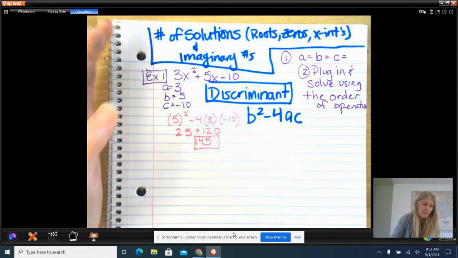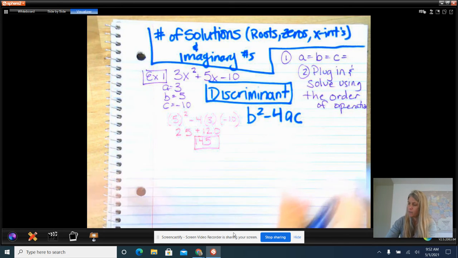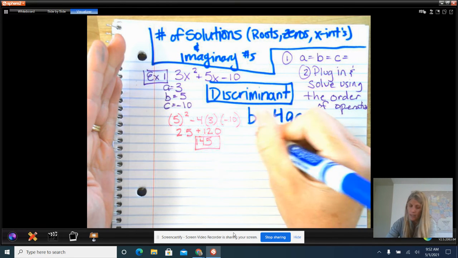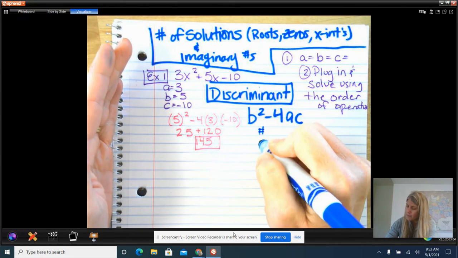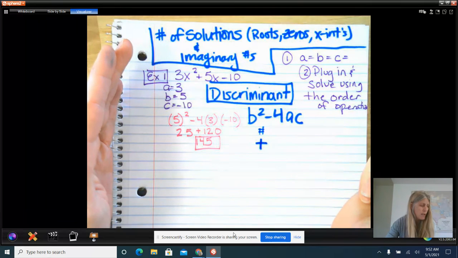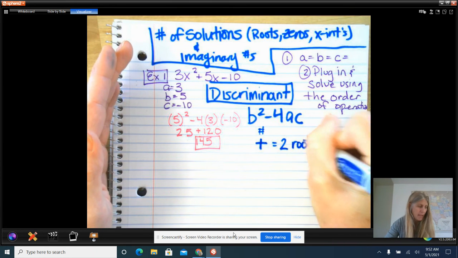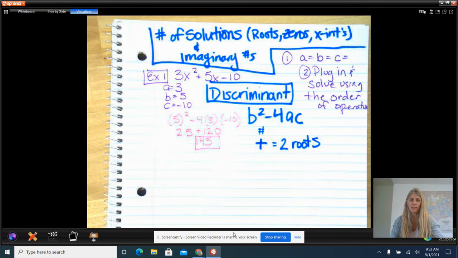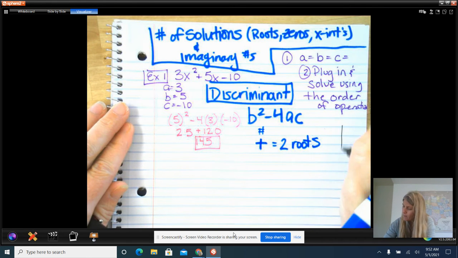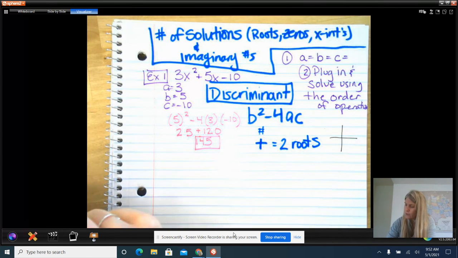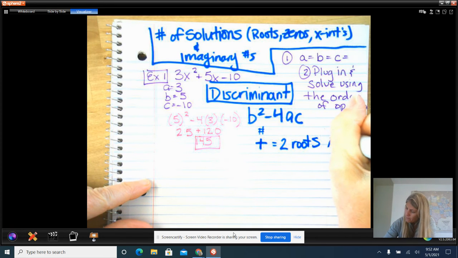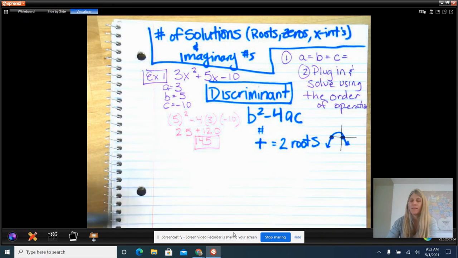If this number, our discriminant number, is a positive number, then that means there's going to be 2 roots. So if I'm looking at my parabola that has 2 roots, it could be something like this, where it's crossing the x-axis in 2 different spots.